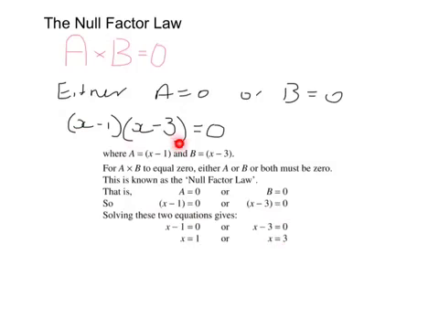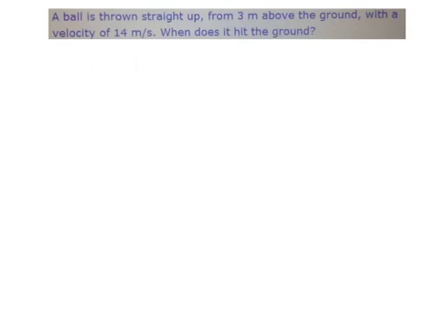So there are two solutions to this equation. Now, for all quadratic equations, at most, they will have two solutions. There may only be one solution, or there might be no real solution, but the maximum number they can have is two solutions.